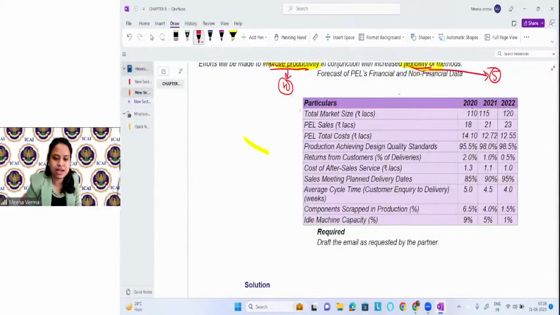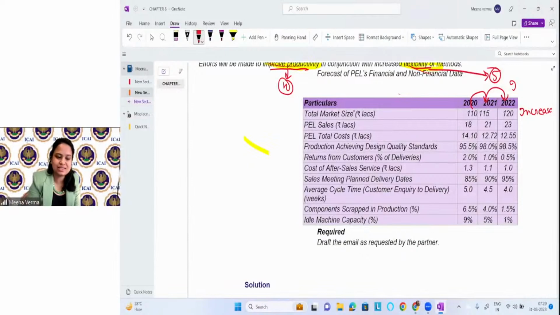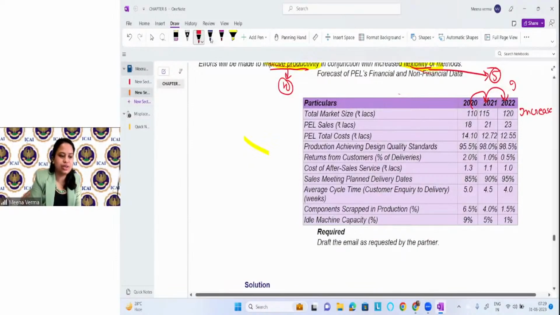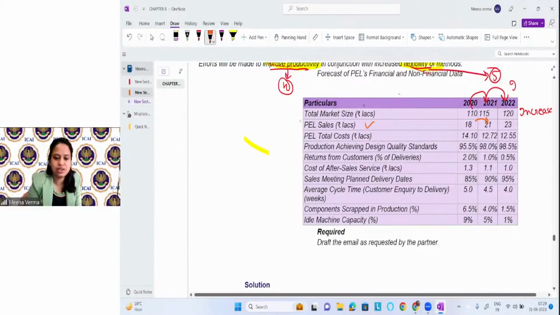So market size is gradually increasing. You can see, market size has increased. All right. Okay. Next data is what? Sale is gradually increasing.